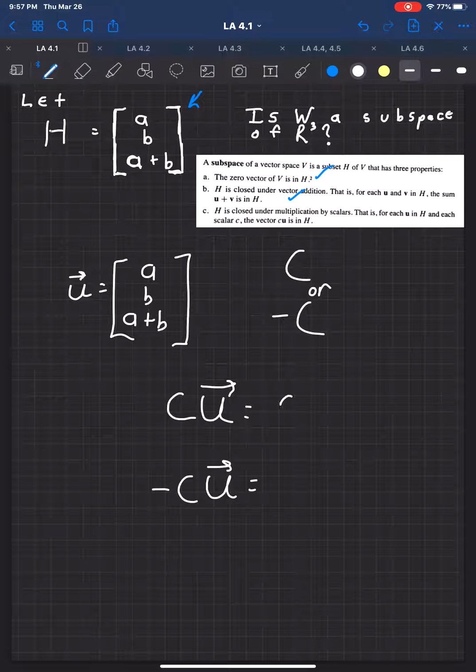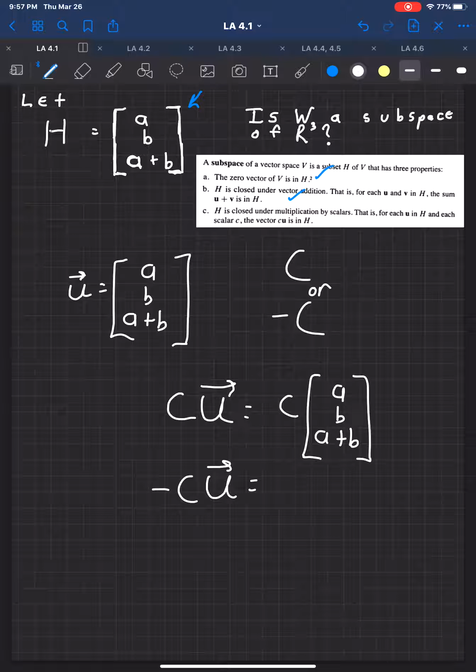So this would be c scaled to the following vector. c times a is ca, c times b is cb, and c times a plus b is ca plus cb.